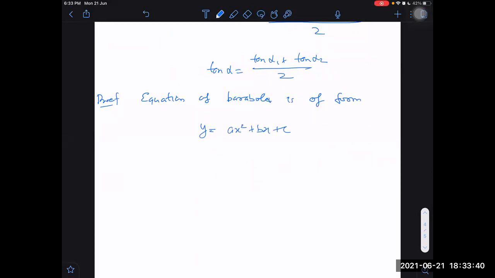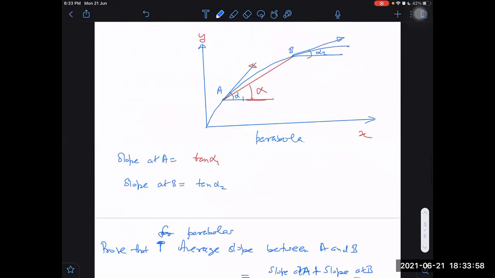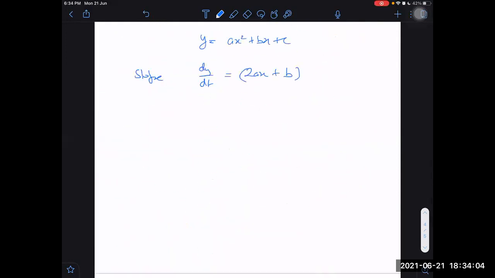What is the slope equation? dy by dx. Now, let us say I want to find the slope at two different points. One is at x1, and the other one is x2. Then dy by dx I should write.